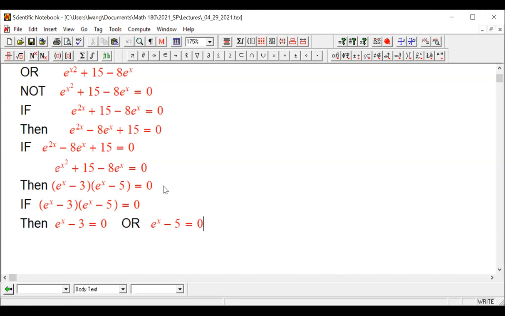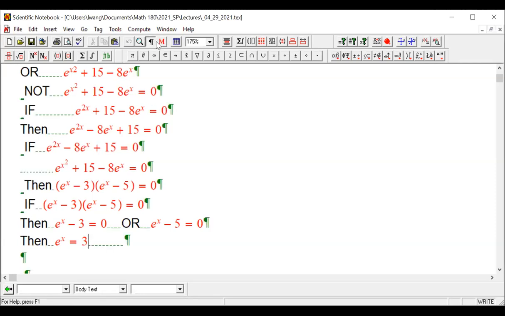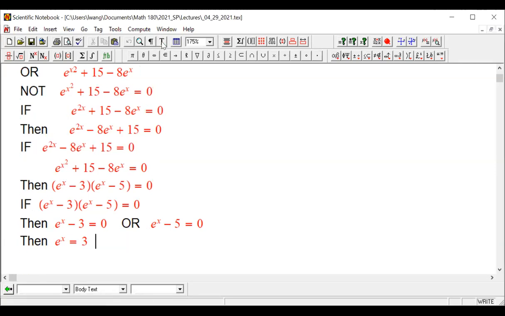So the mathematics we write is already shorthanded. If you drop stuff left and right, of course, you're not gonna lose points. You're gonna lose points, okay? So now the next one, of course, and it's still then, right? And then I'm just going to say e to the power x equals 3. I will give you a closure, okay?